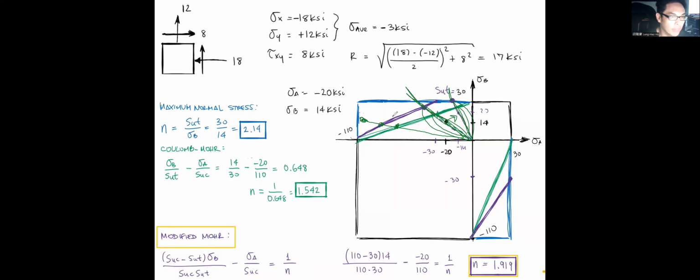It's not difficult, it's just a graphic solution, and compared to the calculation, it should give the same safety factor result.